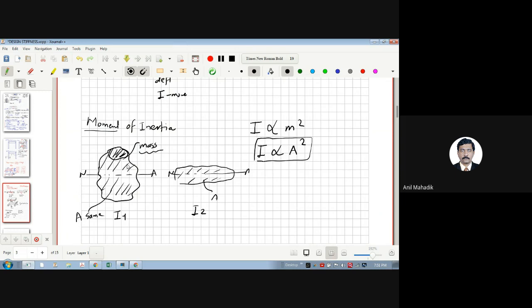So let's check it out, how we generally optimize the material in design whenever we select beam sizes, column sizes, or whatever.